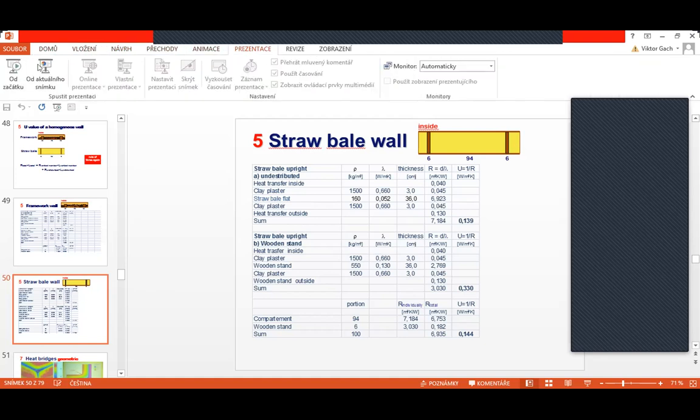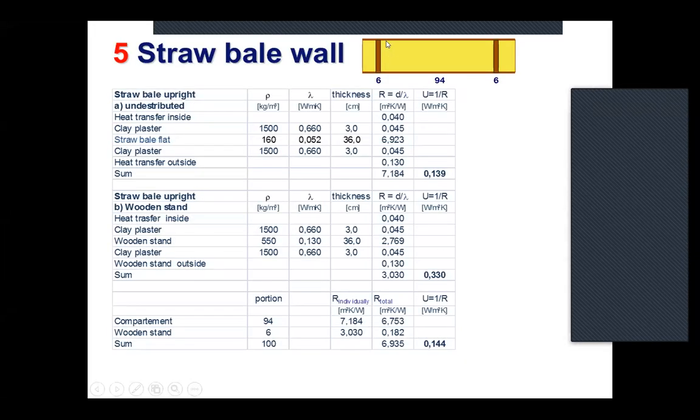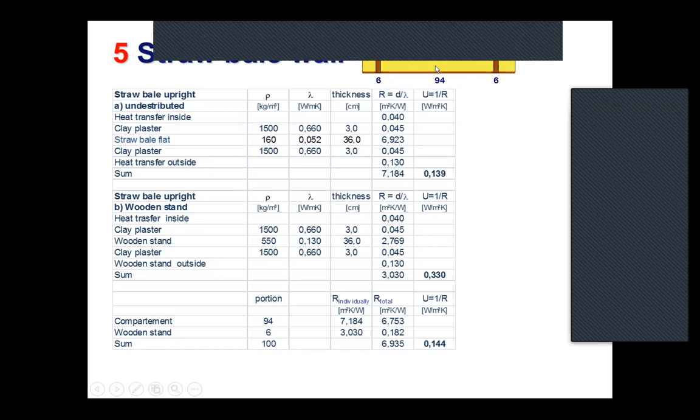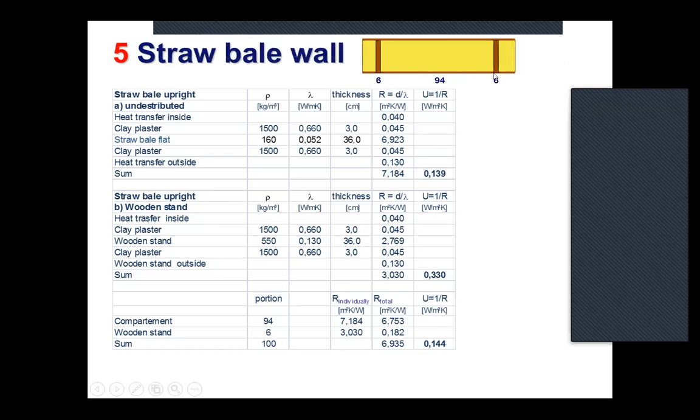Make a bigger picture. Yes, here. If, for example, here you have a horizontal section of wall where there is 36 centimeters of straw bale, but between the posts there is 94 centimeters, and then there is again a 6 centimeter thick post. So it's a 6 by 36 post in every meter.